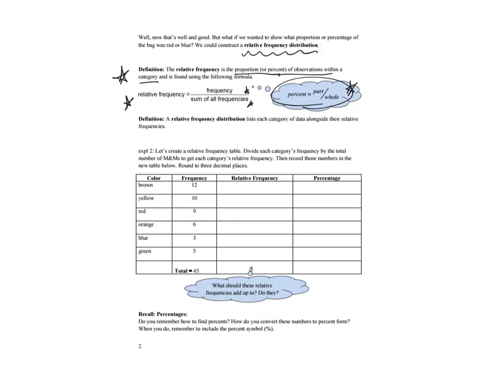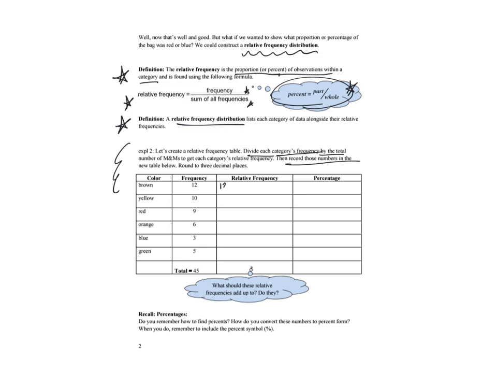And then if I make a table with those relative frequencies, then I have a relative frequency distribution. So there's that definition. Number 2 says, let's create that. And so all I want you to do is, as it says, divide each category's frequency by the total to get each category's relative frequency. Then record those numbers in the new table below. And so let's do that.